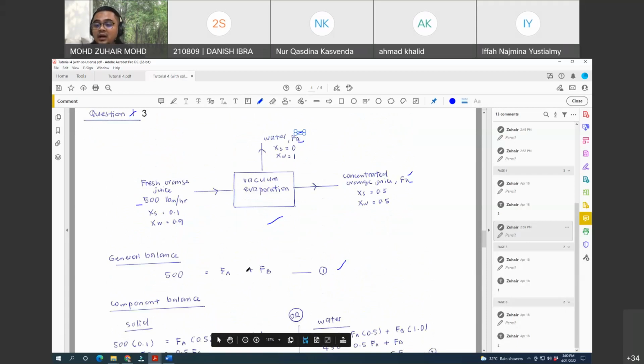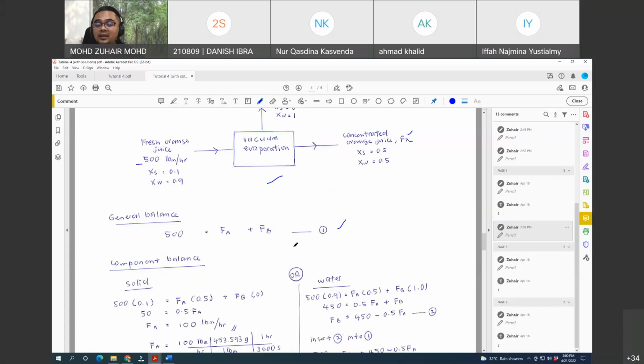Which one should we choose, solid or water? Solid. Because we know that from solid we can have some shortcut, right? But if you choose water also, the final answer will be the same.